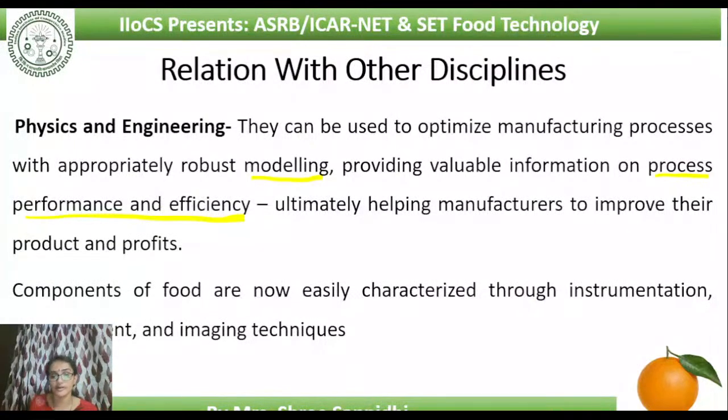That is called instrumentation. In all these things we need physics and engineering. Then measurement, all measuring instruments. Then imaging techniques: imaging the food products, how the process is going, all these things use physics and engineering.